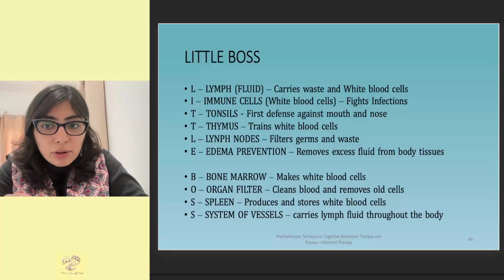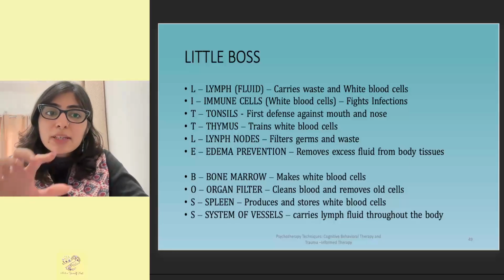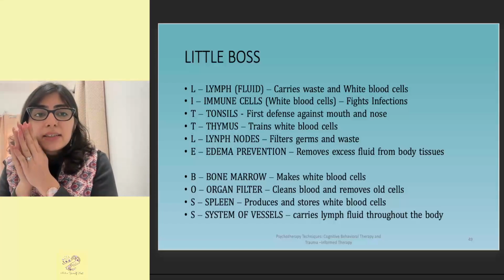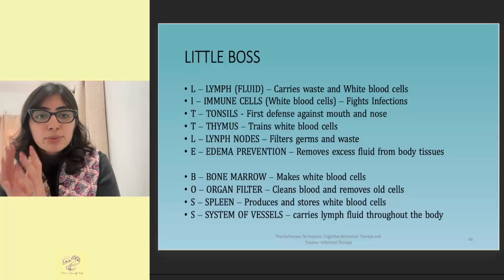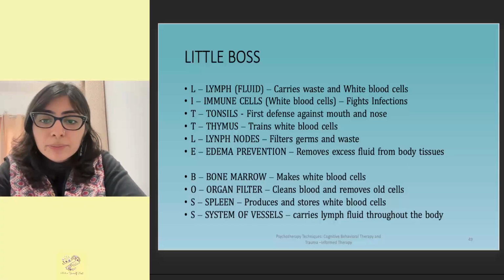That condition is called edema, and it would happen if the lymphatic system is not taking the fluid in a smoother manner. It gets stagnated and stuck in a certain area. That area gets infected and swollen, and that condition is known as edema. So in a way, it prevents edema.